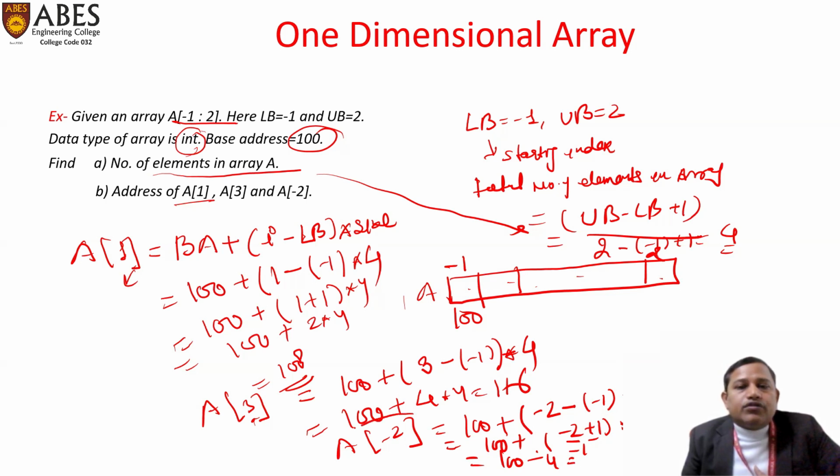It is not possible to find the address of the -2th index element because it lies before the base address 100.